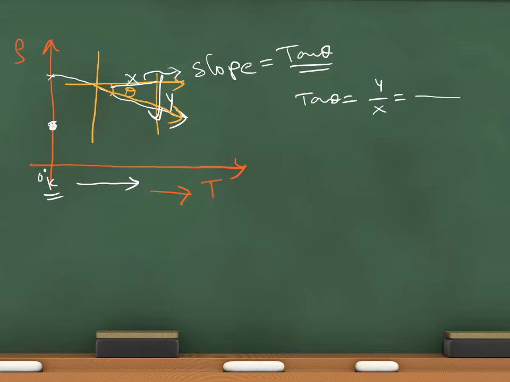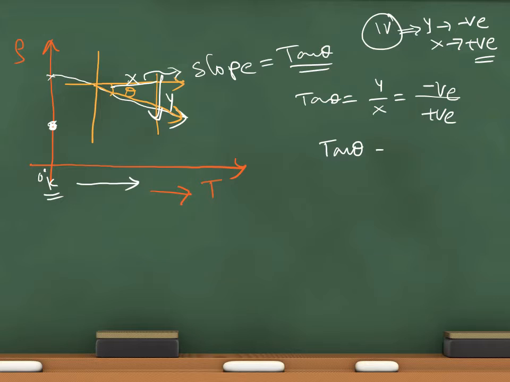It is the fourth quadrant, where y is negative and x is positive. Negative by positive, so tan theta is negative. So it is a negative slope.